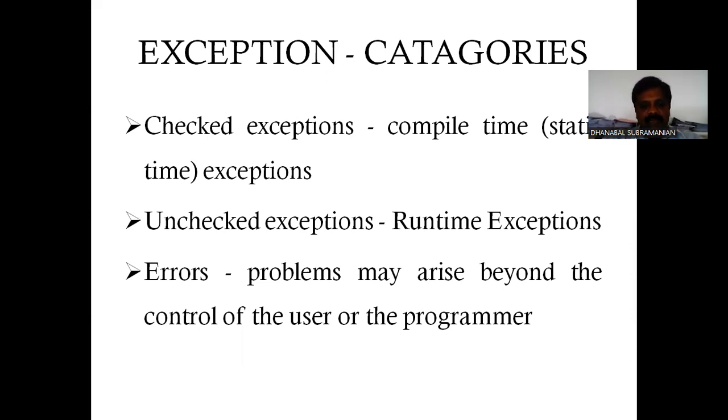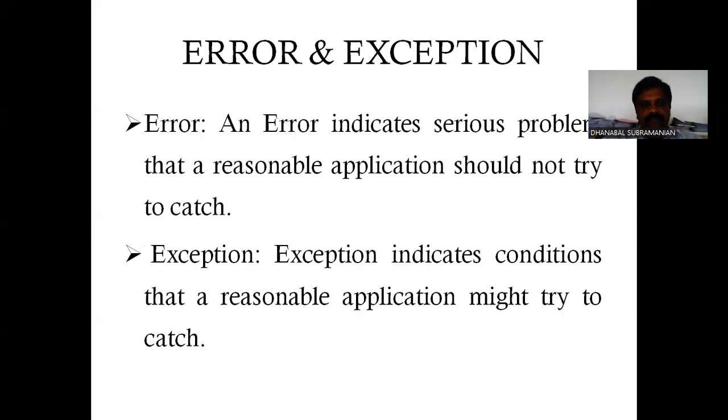The next one is errors. Problems may arise beyond the control of the user or the programmer. These kinds of errors are not in the programmer's hand. Those kinds of situations or problems are called errors. Error and exception: what is the difference between error and exception? An error indicates serious problems that a reasonable application should not try to catch.